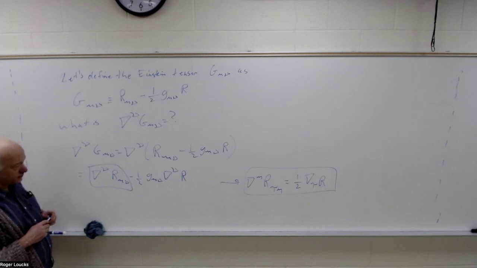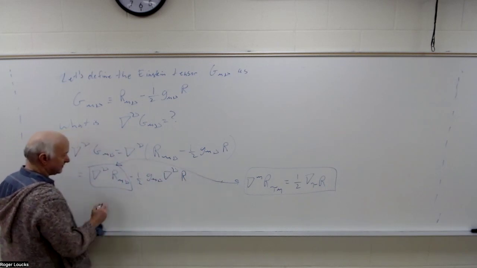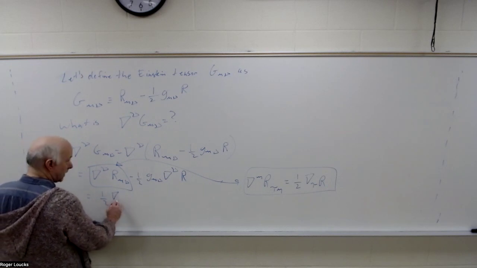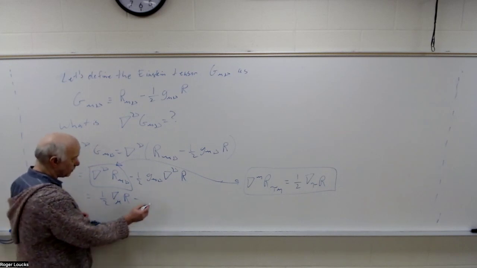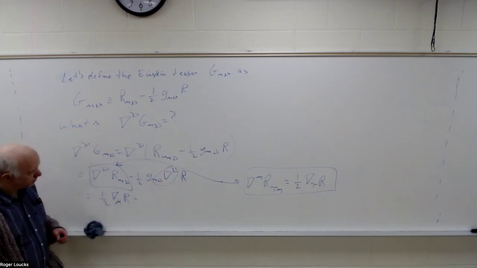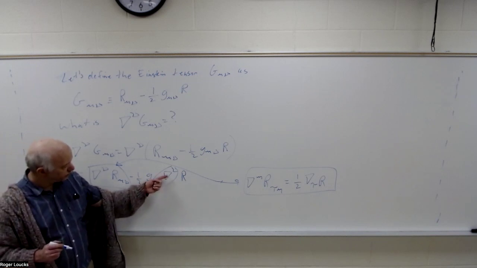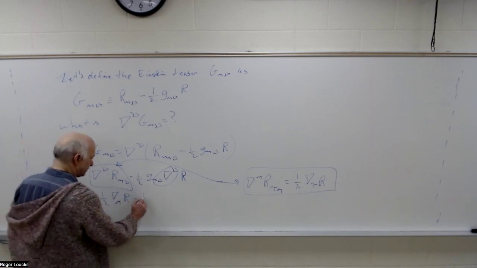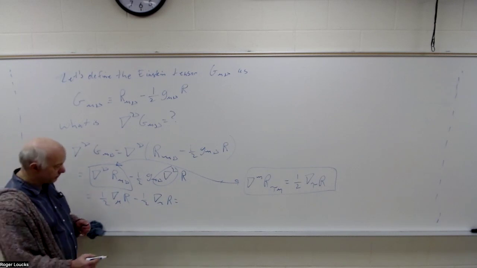Maybe if we follow the arrow, this goes to 1/2 del mu R minus, hey, what would happen here? g mu nu, del nu, same thing, 0. That's going to lower this to be 1/2 del mu R. Here this is 0. Woohoo.